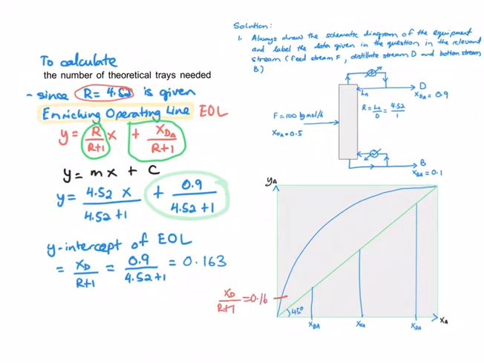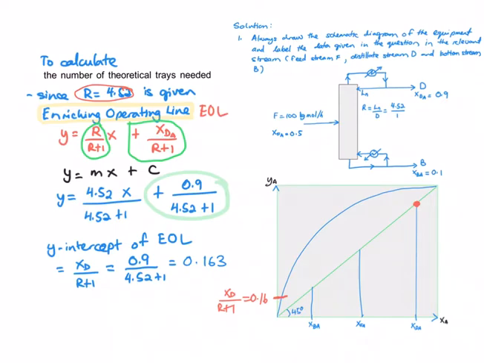So let's say this is the value. You're going to start drawing your EOL starting from this position, because remember, for EOL you have these kinds of variables.